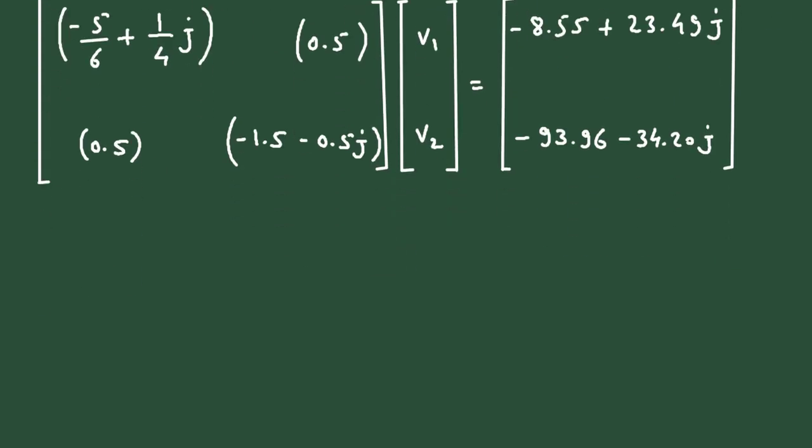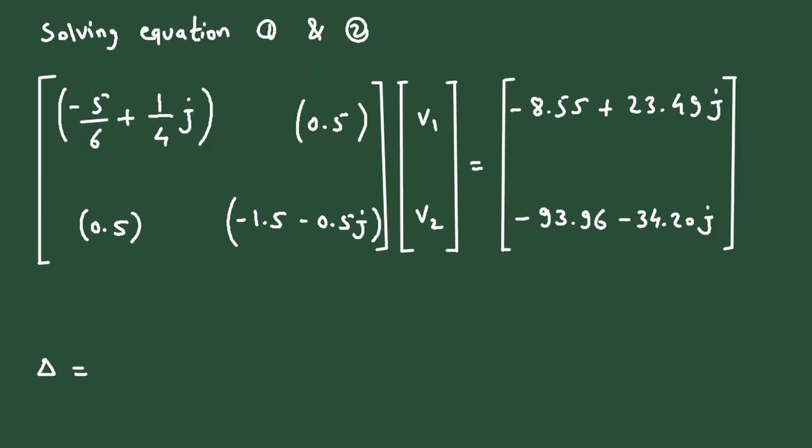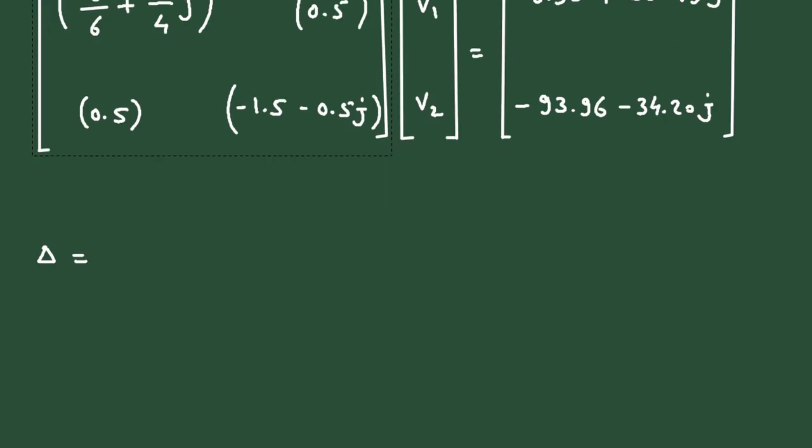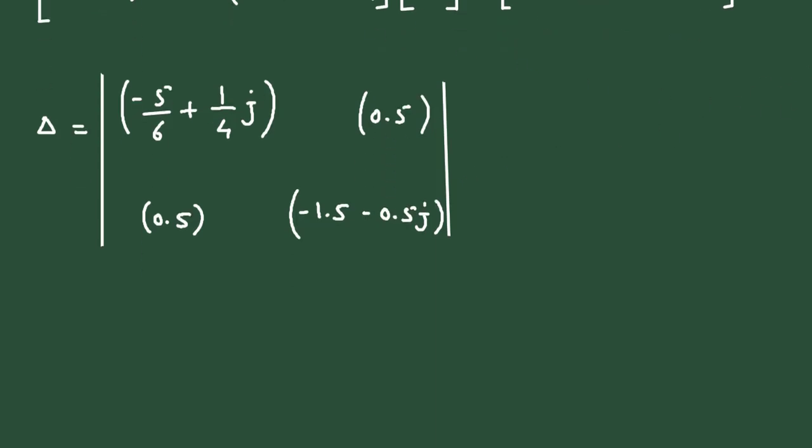Now let's find the value of delta. So delta is equal to, we have to take the determinant of this matrix. So let's take the determinant of this matrix. So we have to multiply this term into this term minus this into this. So let's solve this.